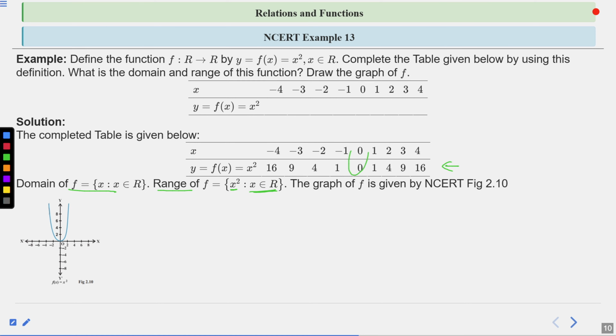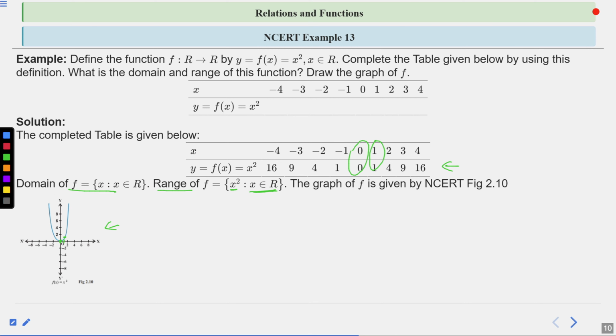So for example 0 comma 0, and simply point them in the Cartesian plane. So 0 comma 0 will be here at the origin. Clear? Now 1 comma 1 will be somewhere here.